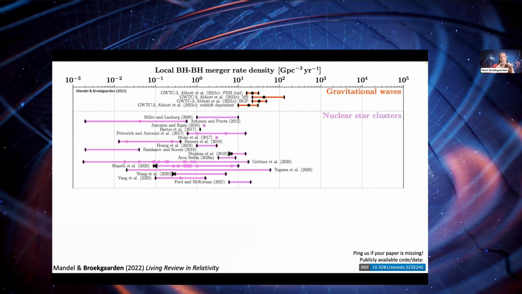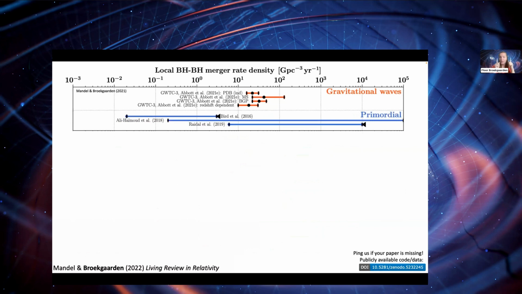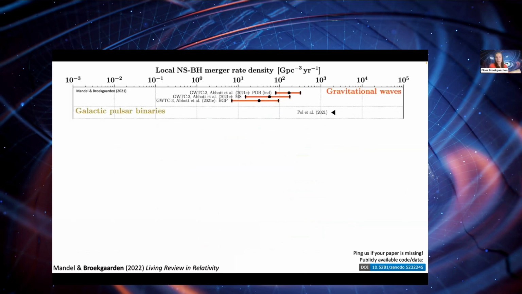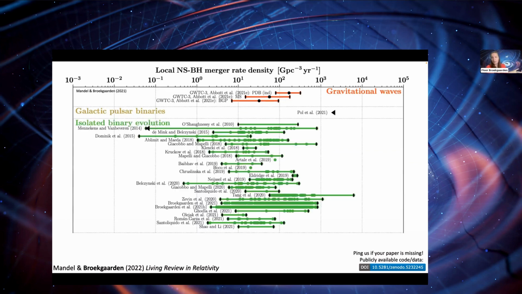Now, in each panel, each horizontal line is one study, like one paper or one PhD student or postdoc or professor that did all this work, did their stellar evolution simulations, and then calculated, for instance, how often these black holes collide from their hypothetical population synthesis simulation.